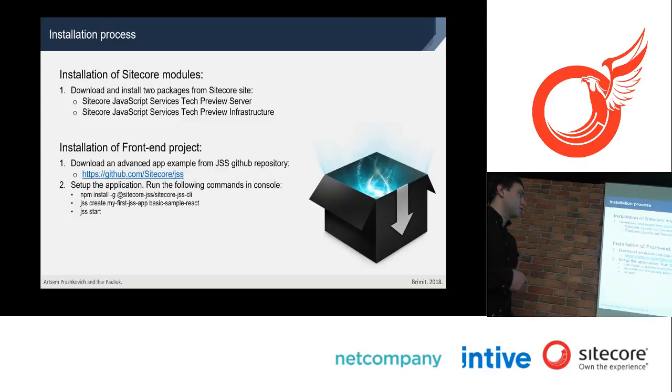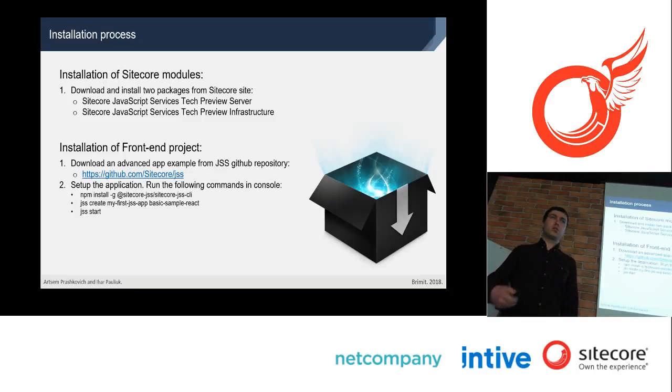And the second package we should install if we are going to use the code first approach, and this package contains the ship service for importing our changes from the front-end project to Sitecore.